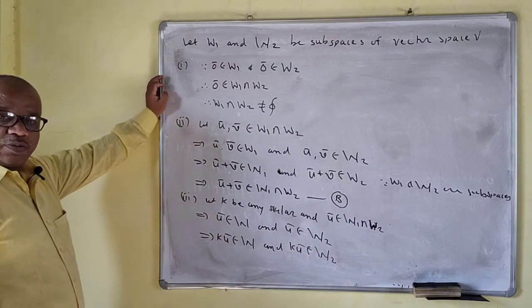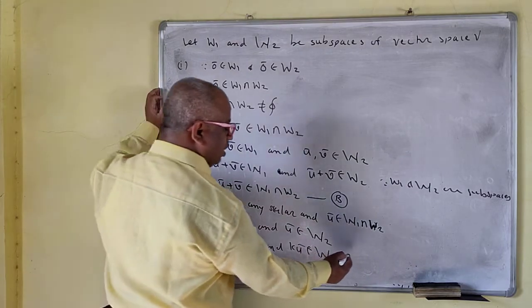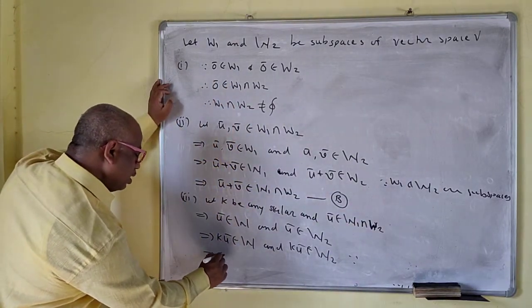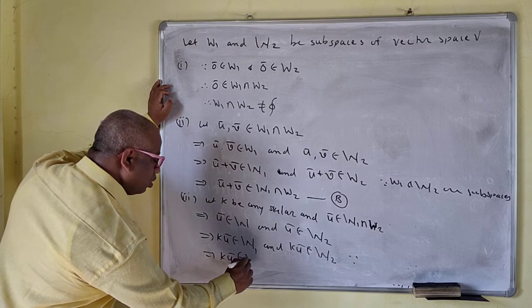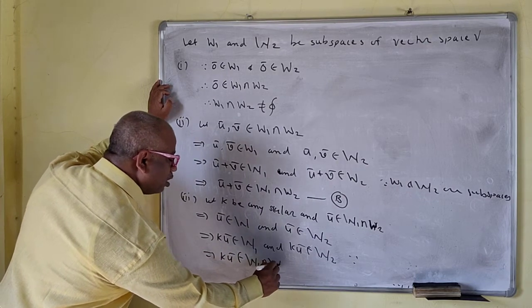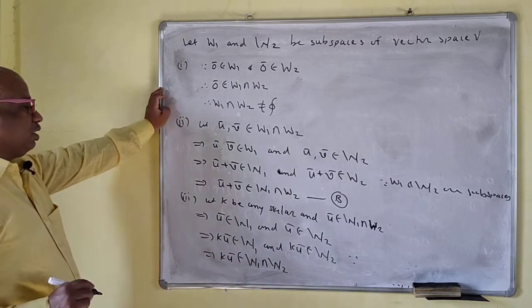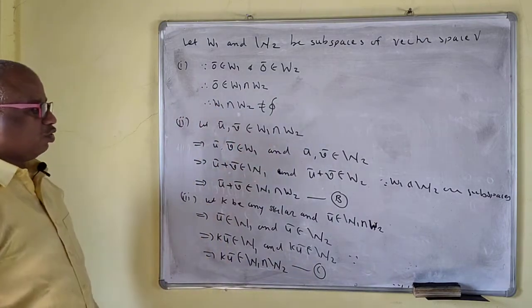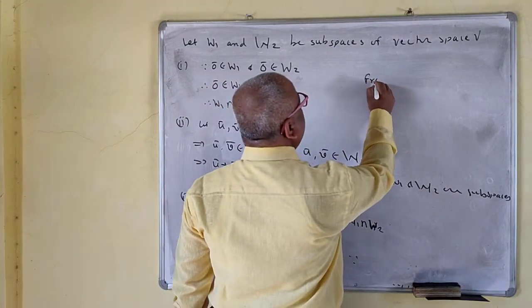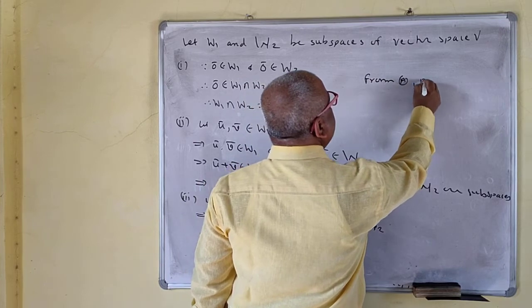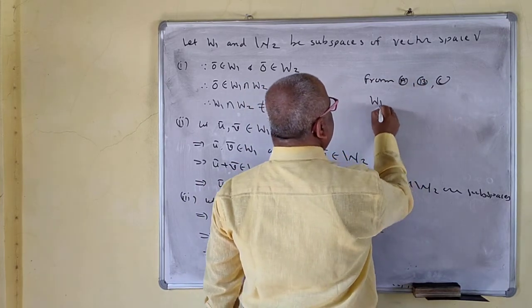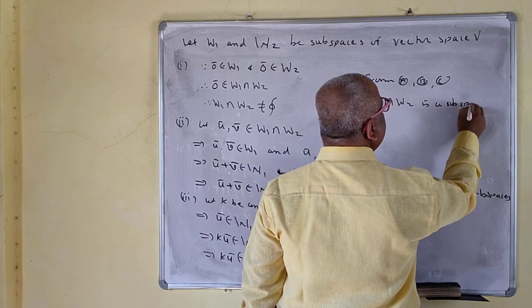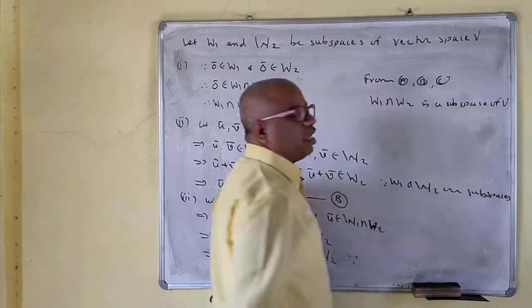This implies that K U bar belongs to W1 intersection W2. We call this C now. So from A, B, C, W1 intersection W2 is a subspace of V. Okay, so we are through.